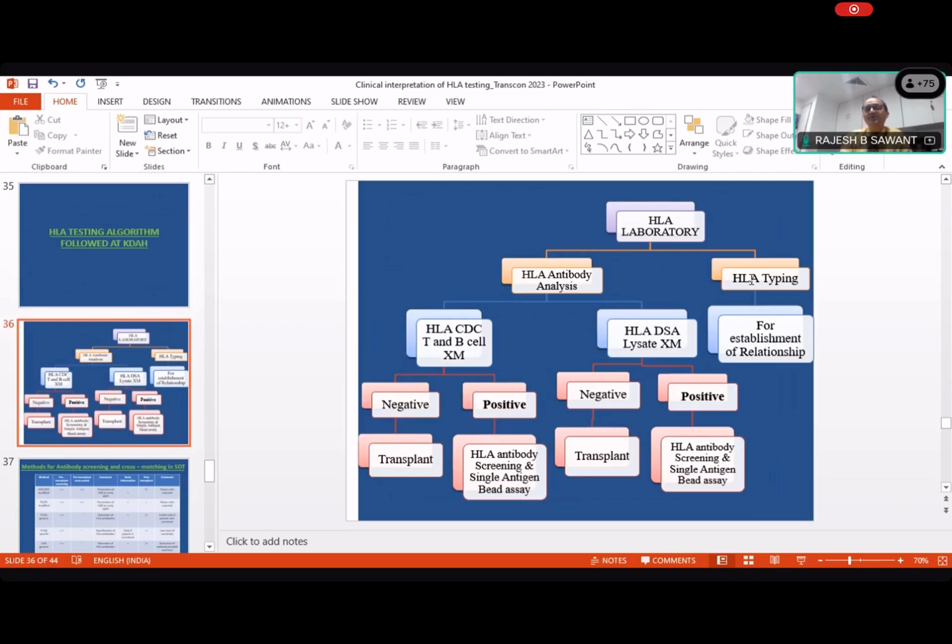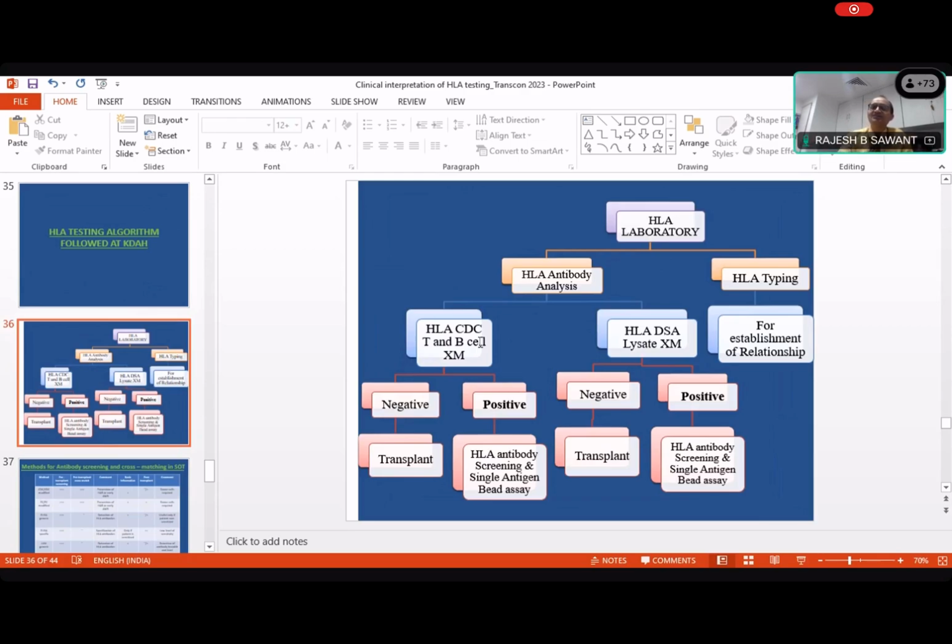From the antibody point of view, you will now screen your patient or the recipient for any HLA antibody, and you will also look at donor specific antibody. Here we do a CDC cross match, which is the basic test which will detect the presence of antibodies in the recipient against any donor cells. Basically, it is the broader evidence for presence of any antibodies which can be dangerous for the graft.